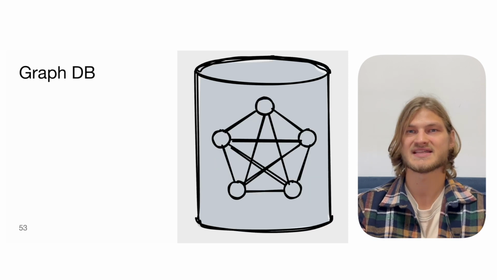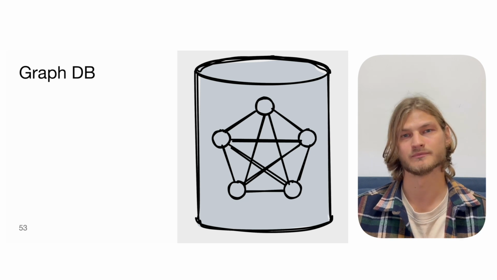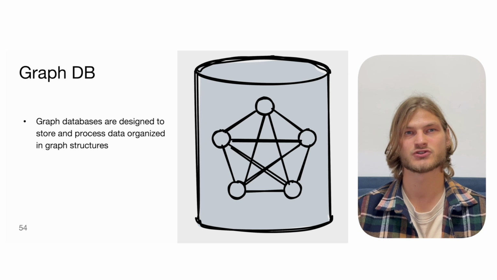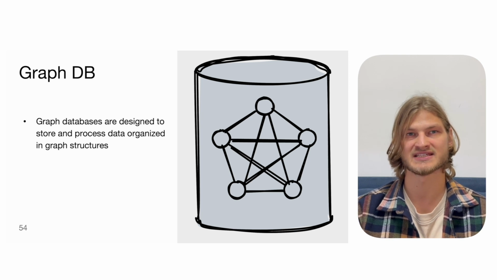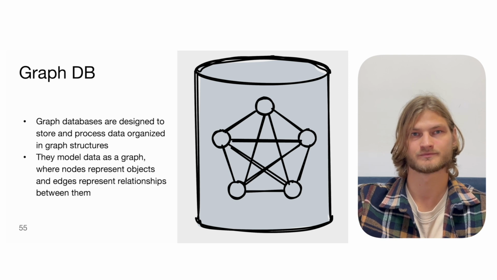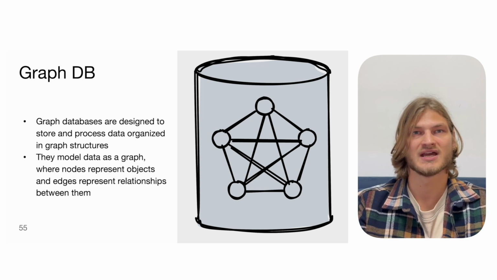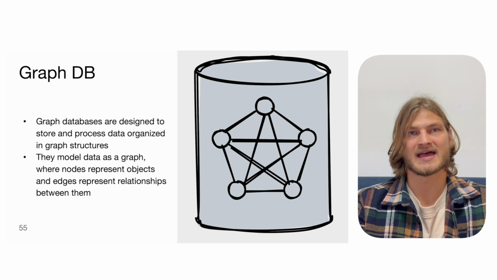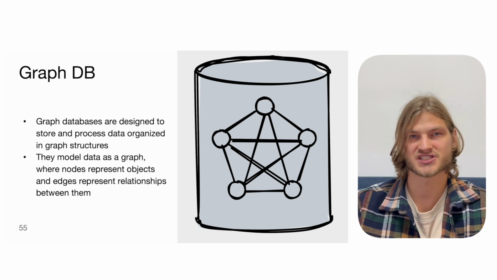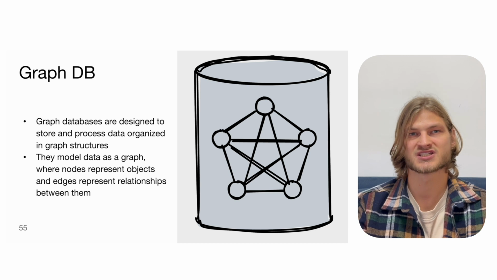So let's dive into GraphDB. Graph databases are designed to store and process data organized in a graph structure. They model data as a graph, where nodes represent objects and edges represent relationships between them.